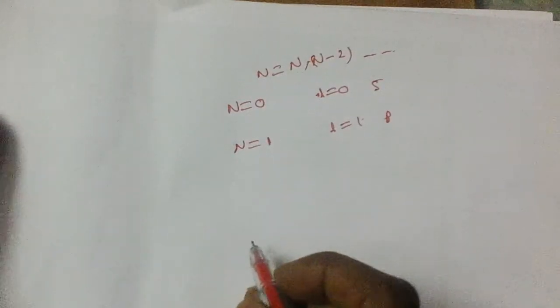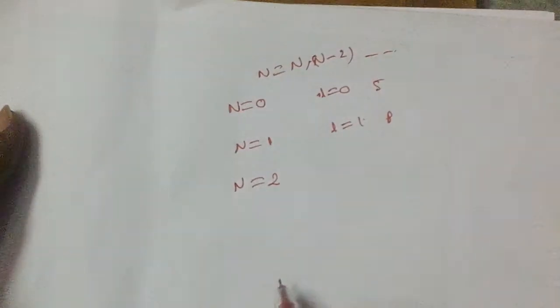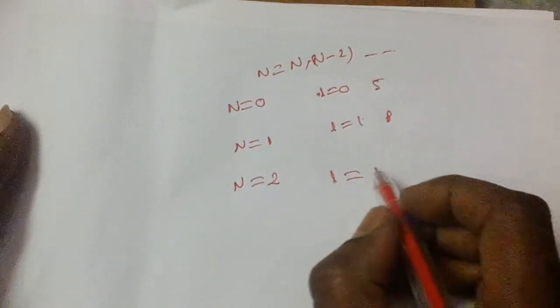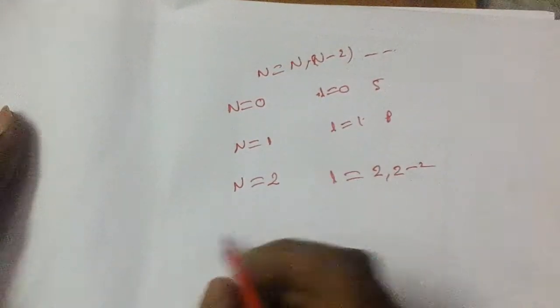So that is why I can write l is equal to n, n minus 2, and so on. If n is equal to 2, then l is equal to 2, 2 minus 2.